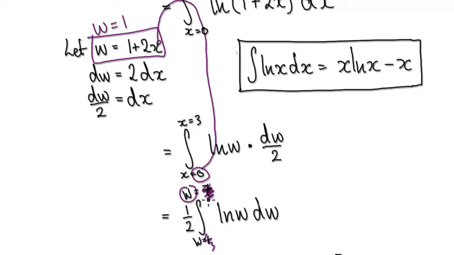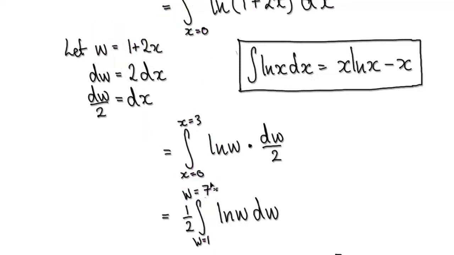So we are integrating from w equals 1 to, well, up here we would put a 3 into the x here. That would be 1 plus 6, that would be 7. So we are integrating from w equals 1 to w equals 7. That's this 7 here. So in the x realm, we are integrating from 0 to 3, but in the w realm, we are integrating from 1 to 7.